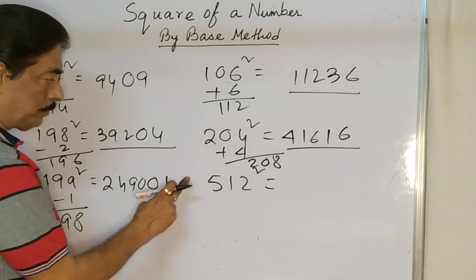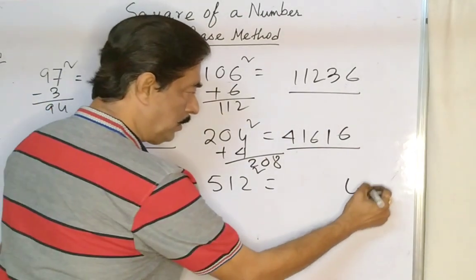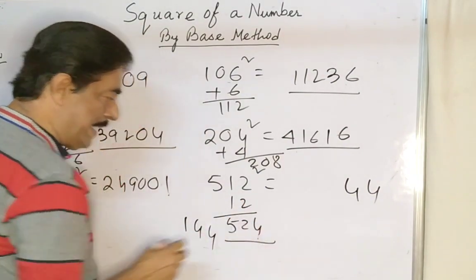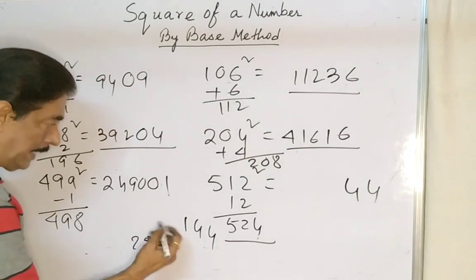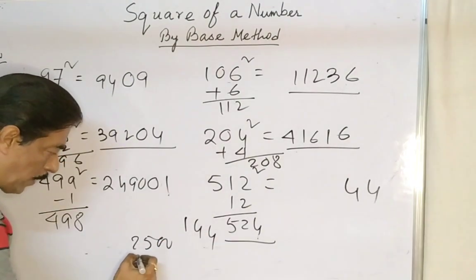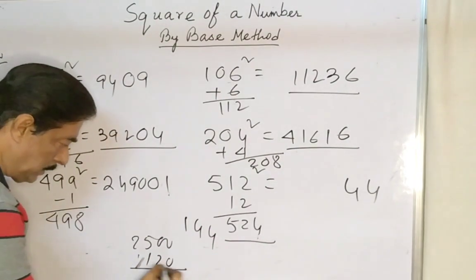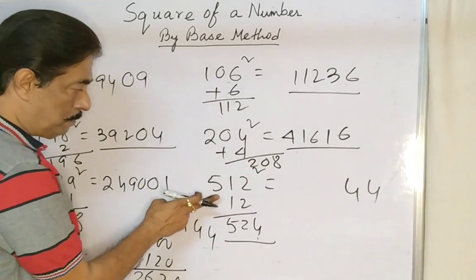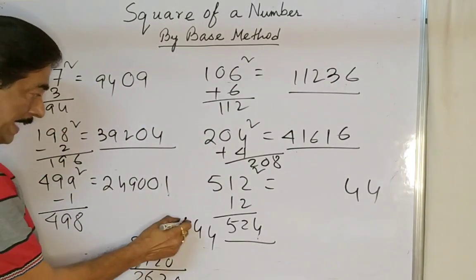Now 12 more, 500 is a more. 12 more, 12 square is 144. 144, I write only 44. Add 12, your result is 524. Make it 5 times. 500 into 5 is 2500. 24 into 5 is 120. So 2620, now again 12 square is 144, 44, 1 carry.